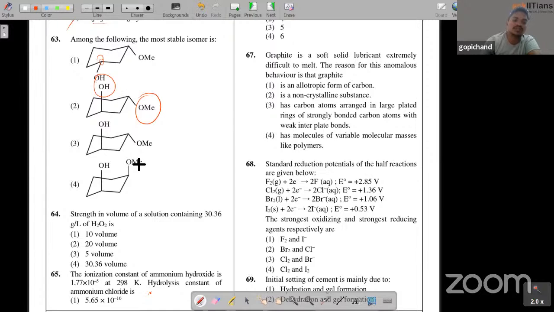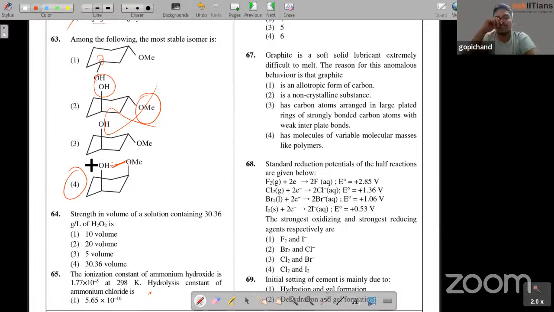Option 2 and option 3 are the same option repeated, so I can say that both are wrong. But if you see option D, both groups are the same as above, and they are very near to each other. So there will be intramolecular hydrogen bonding between them, which tells us that these are stable compounds. So option 4 is the most appropriate answer.